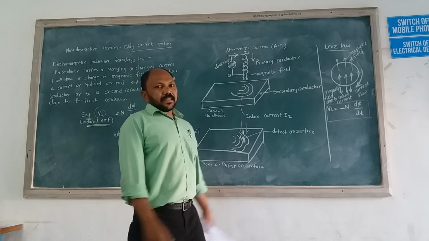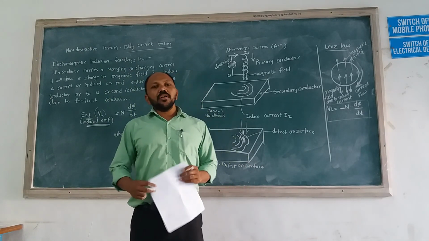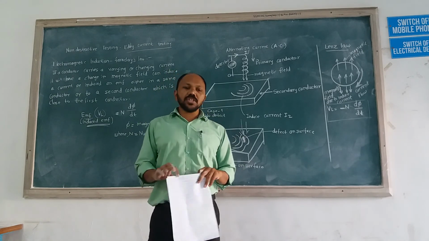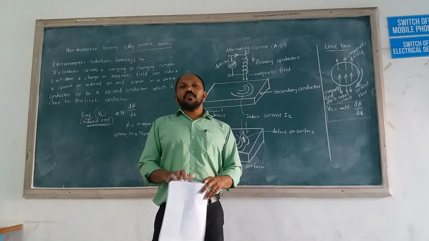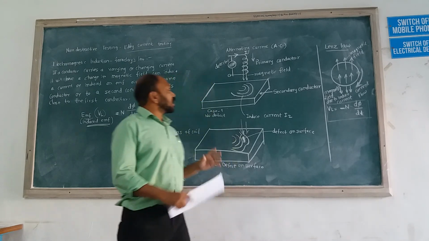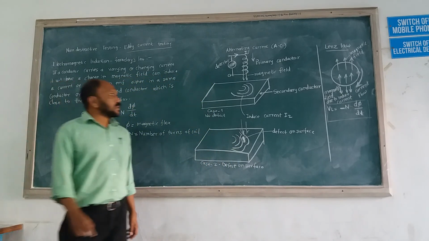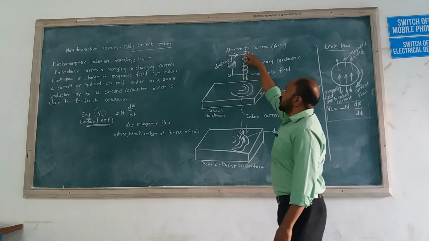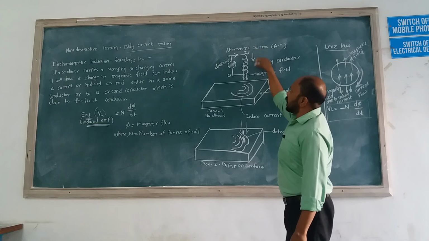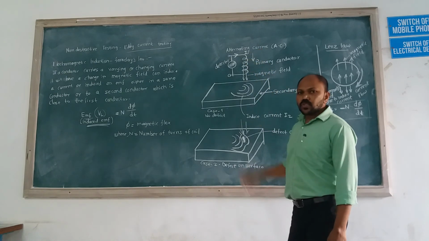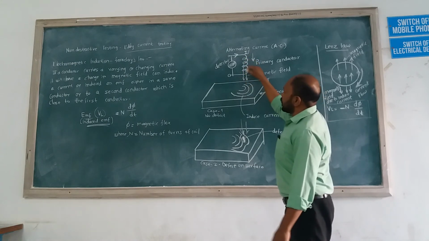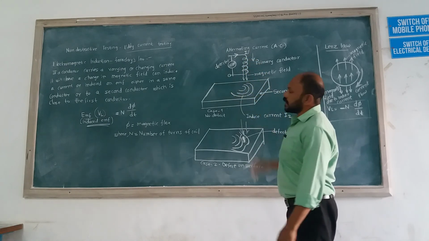Basically in this lecture we studied the eddy current testing method, which is used to find surface defects. Let me revise how it works. Current flows through the primary conductor, these coils, and when current flows through the coil, a magnetic field is generated. This magnetic field comes towards the secondary conductor.